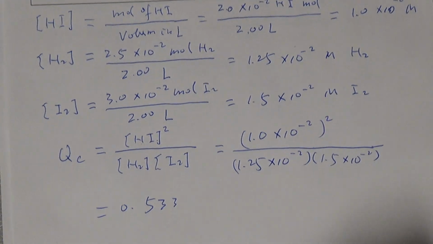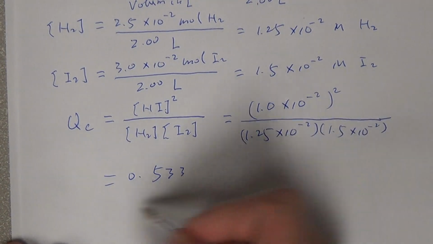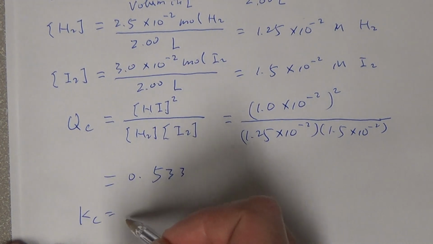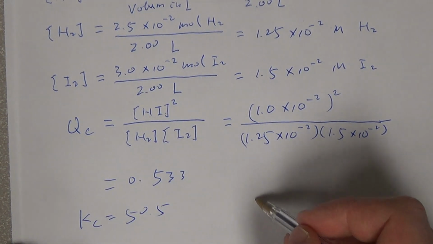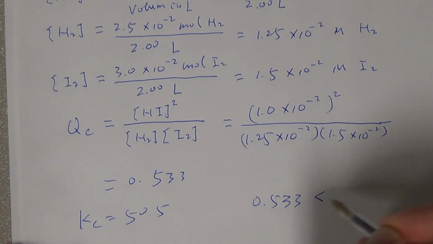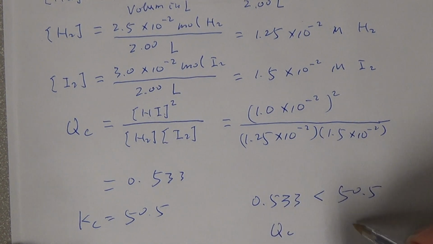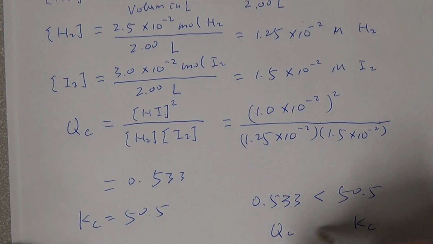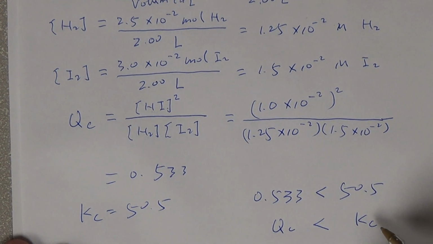So you get 0.533. And Kc is 50.5. So 0.533 is smaller than 50.5, and this is the Qc, this is the Kc, so therefore Qc is less than Kc.